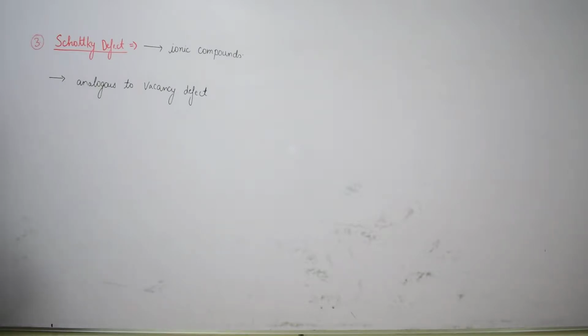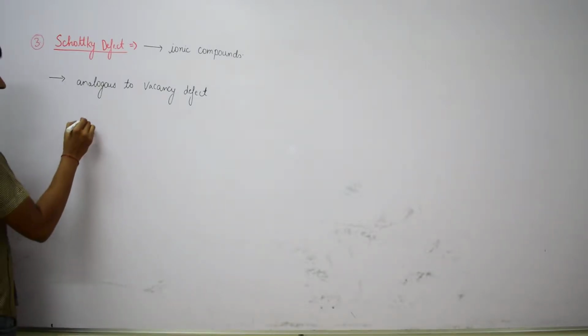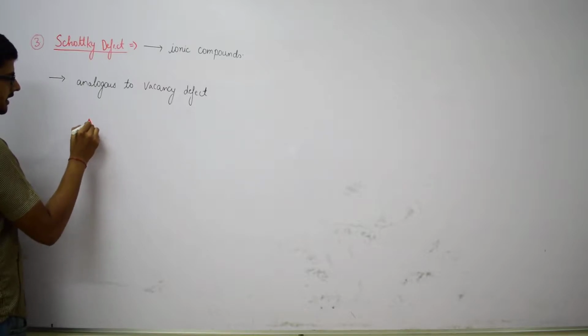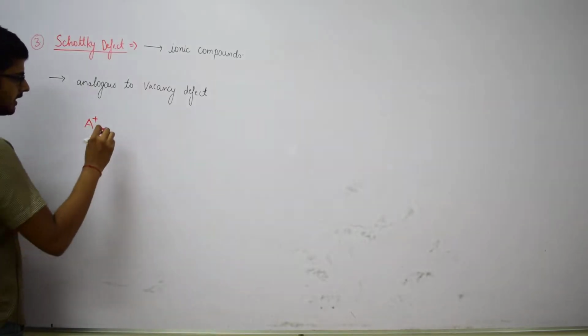Let us take the case of an ionic compound AB consisting of a cation A plus and an anion B minus.